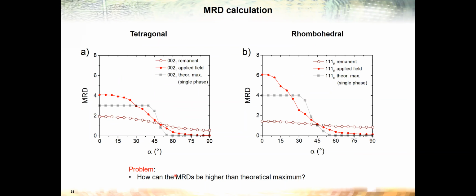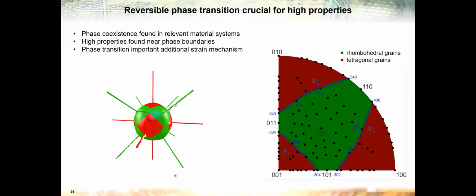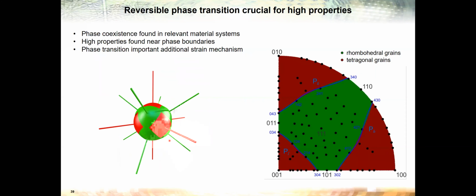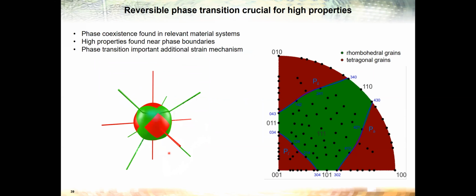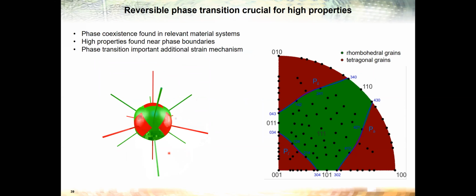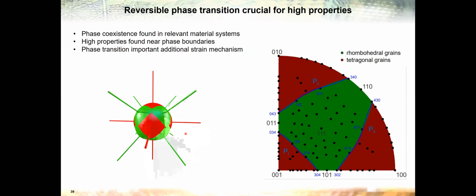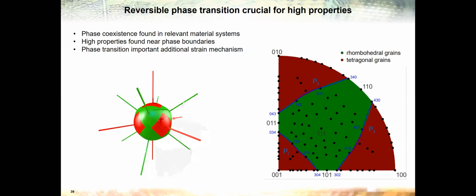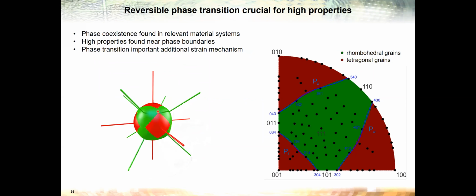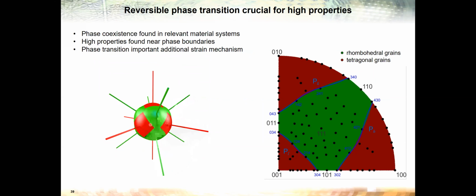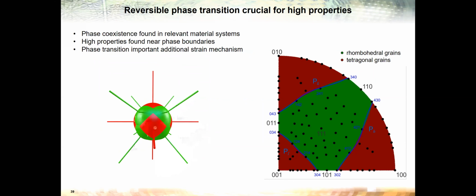Once when Jacob and I met in Australia, I asked him about this problem, and he modified his script. And we could then calculate what theoretically happens. We just said, okay, whenever the polarization direction is more towards a rhombohedral direction, then let the structure be rhombohedral, and when it's close to a tetragonal direction, let it be tetragonal.